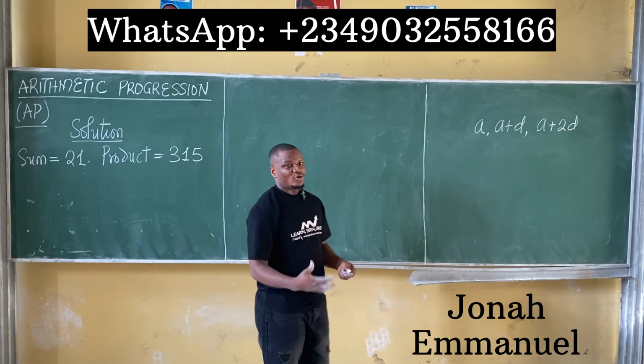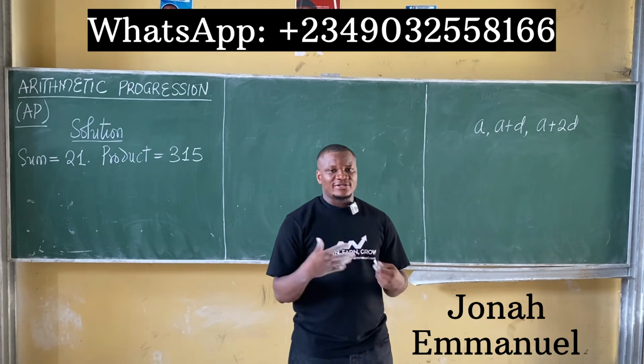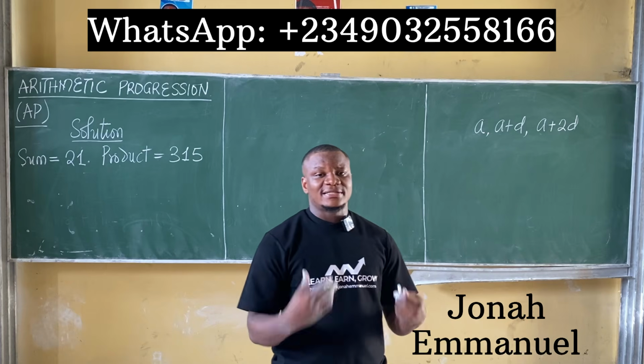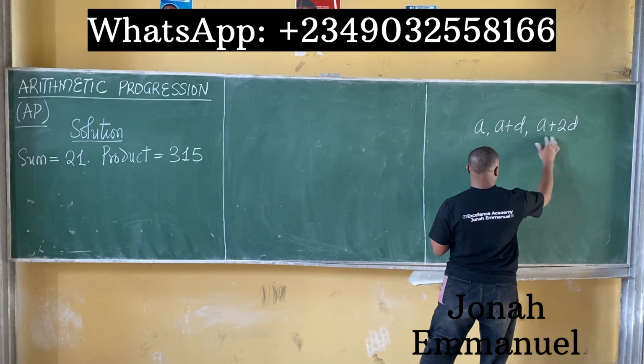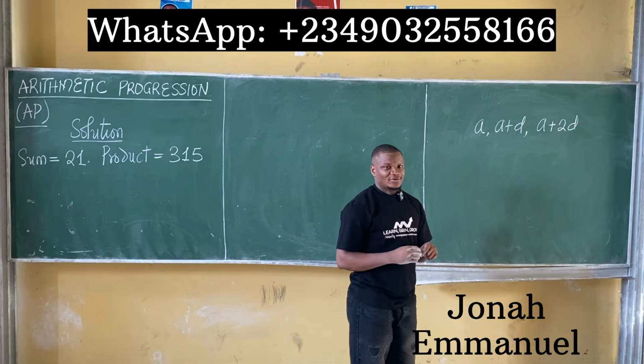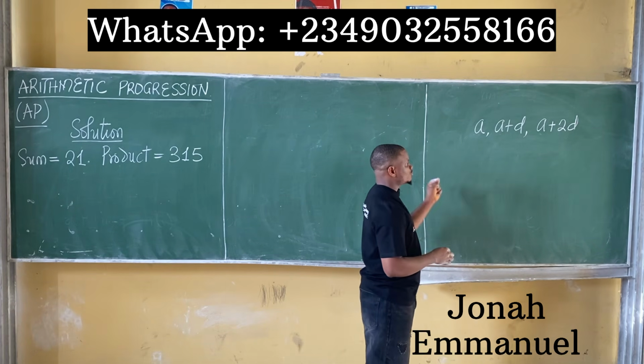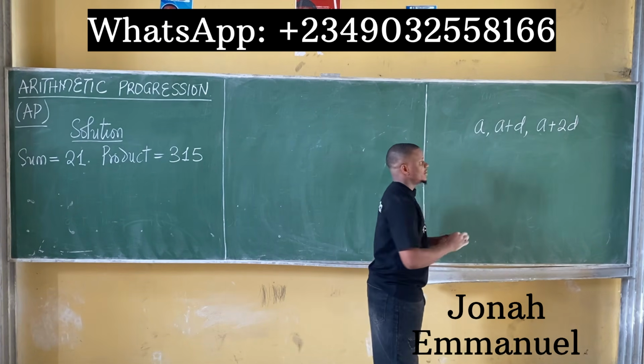Now, when you have two unknowns, there is no way you can solve them except you have a simultaneous equation. In essence, we should not use this. We could do something else. Let's subtract D from each of these.